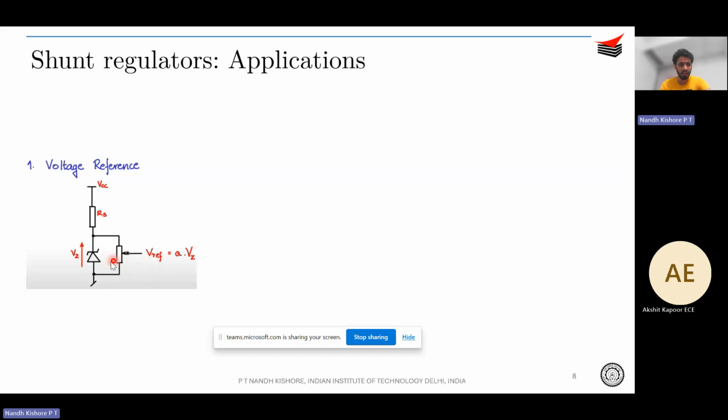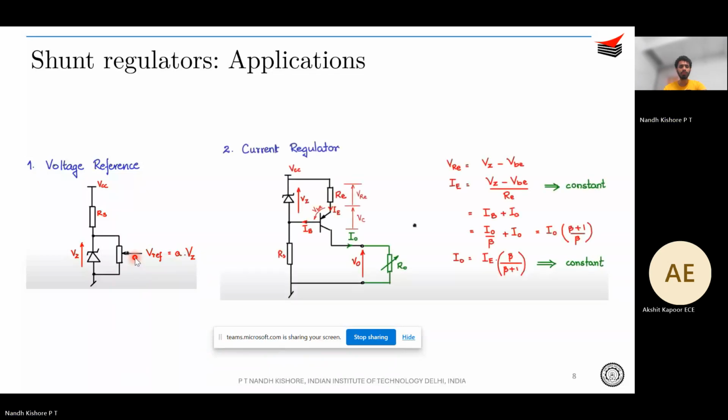The reference voltage need not be just VZ, it can vary anywhere between 0 to VZ, right? So you are able to get a variable, controllable DC output, correct? You can also do a closed loop control in order to get or maintain a particular value of Vref, and that has been used subsequently as well.